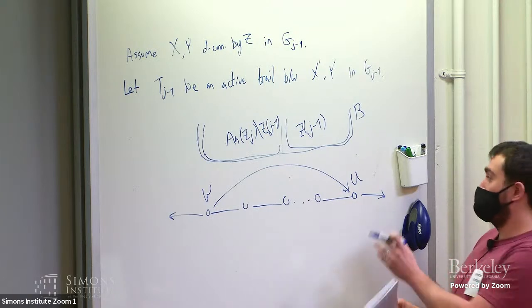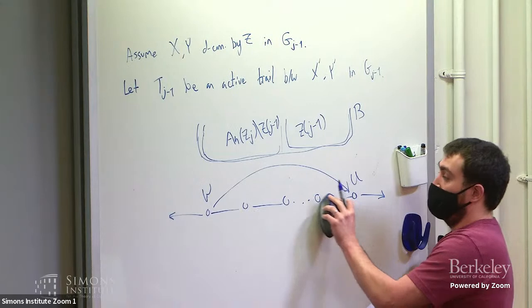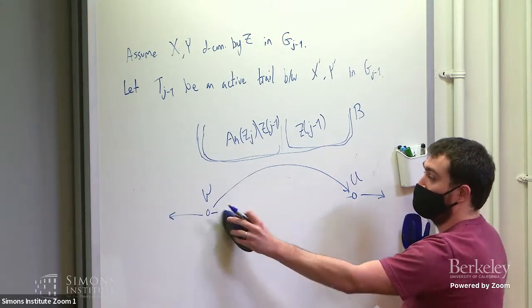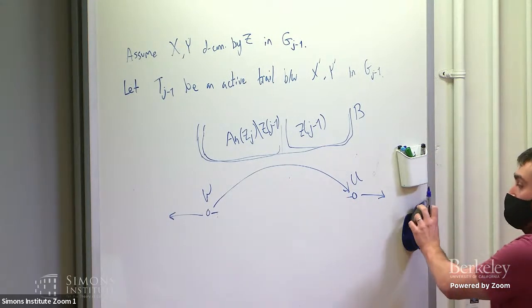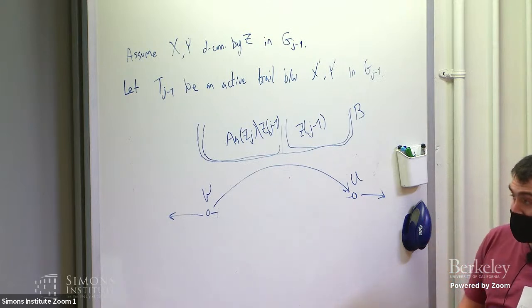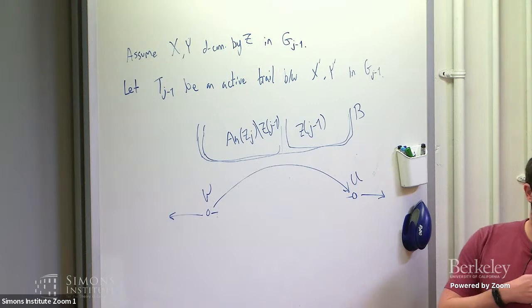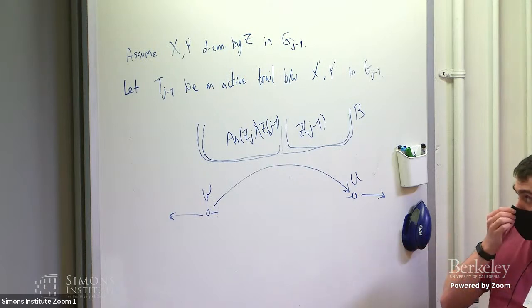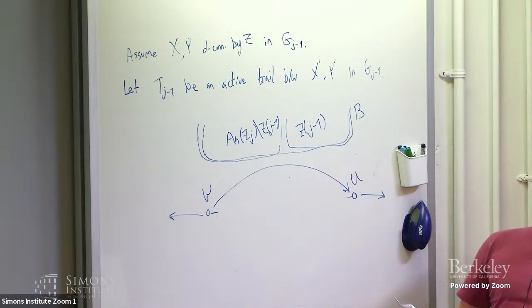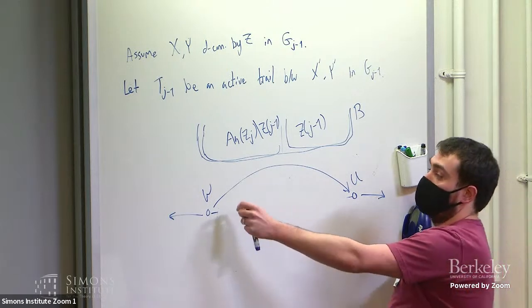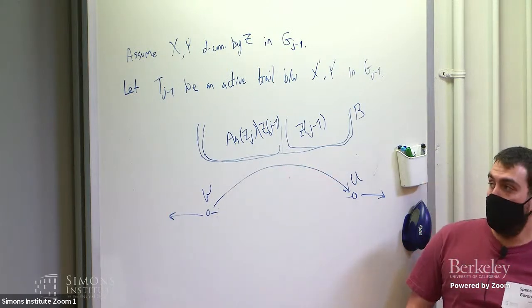And so the resulting trail will be active even as we replace all of these vertices with this. Right, so if we had an active trail in GJ-1, we end up with an active trail in GJ. A much shorter active trail because we've just taken a shortcut through all the ancestors.